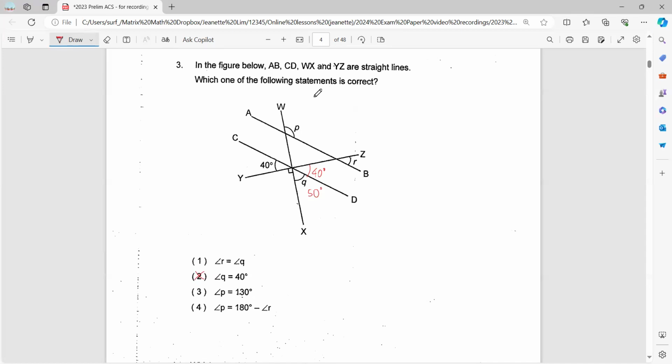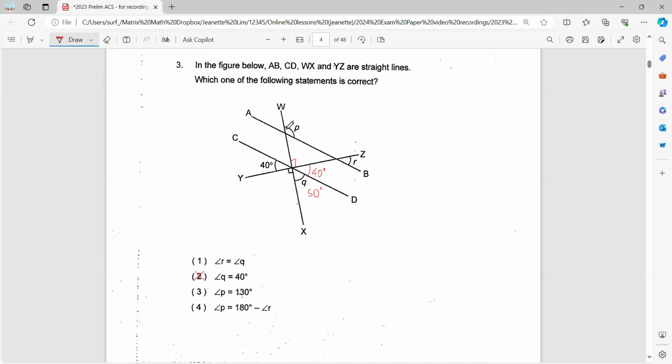P is 130. Now, I know that this is 90. And if this is parallel to this, then this 40 will be the same here, 40. So 180 minus 40 minus 90. 180 minus 90 and 40, you'll get 50. So this is 50.